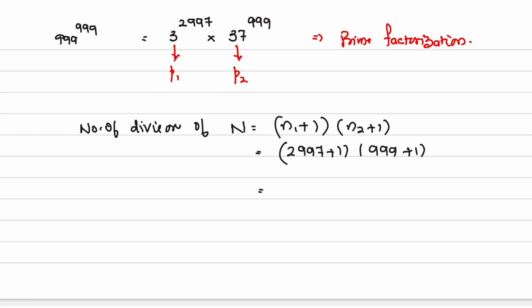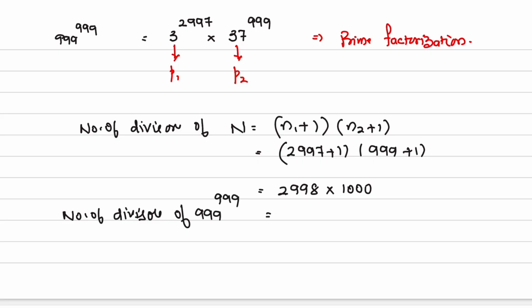That is equal to 2998 into 1000, 999 plus 1 is 1000. That is equal to the number of divisors of 999 to the power of 999, which is 2998,000.